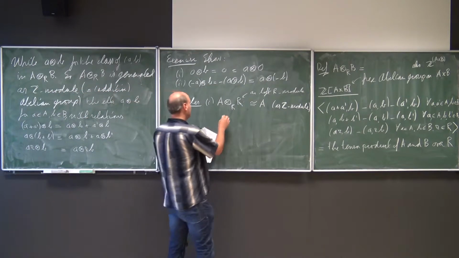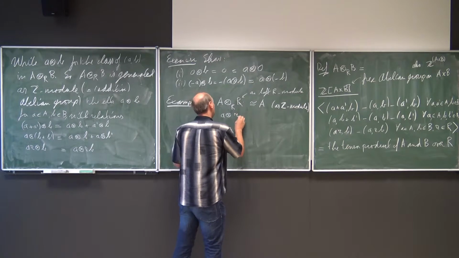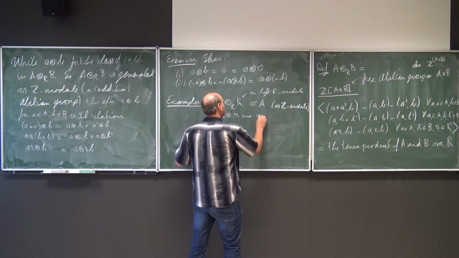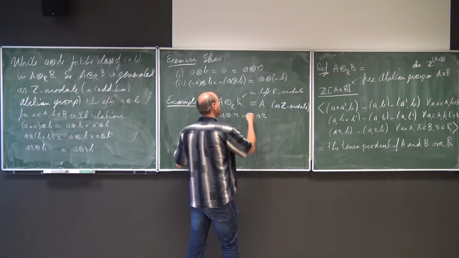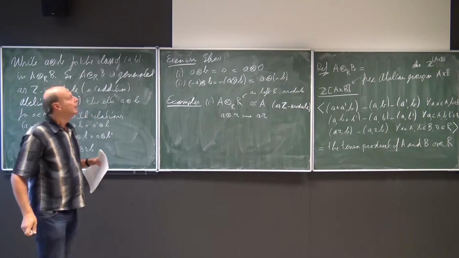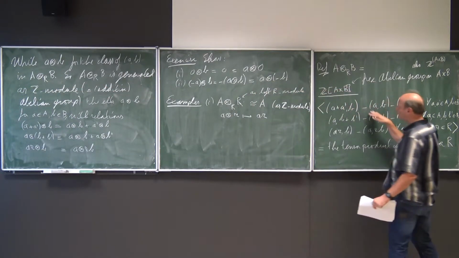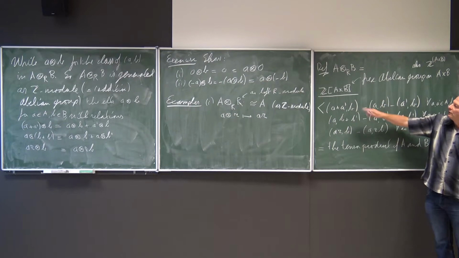And you can check that the map A tensor R, if I multiply this out, so to say, goes to A times R, which makes sense because A is a right R module. I can easily check that those relations will all vanish if I carry this out, and therefore it will descend to a map on this quotient.